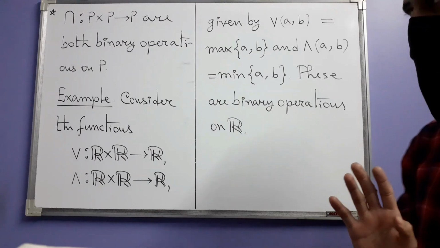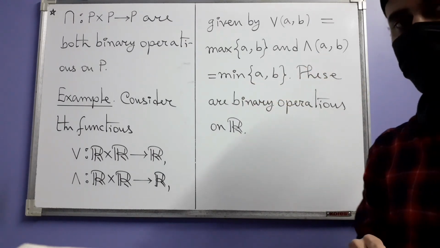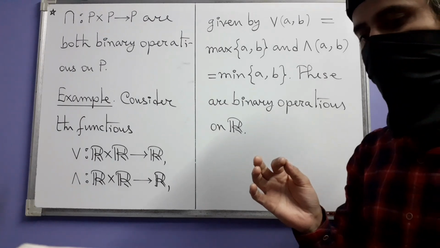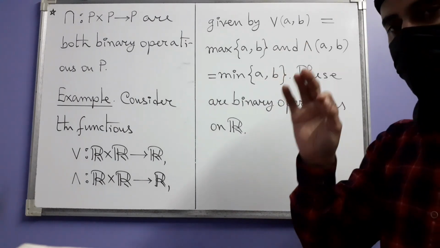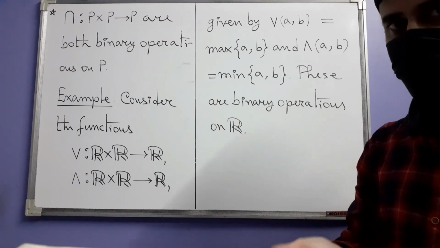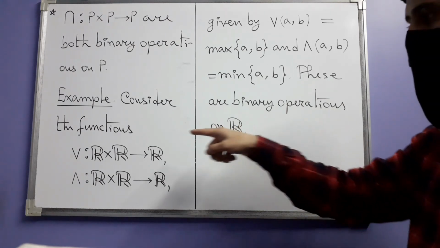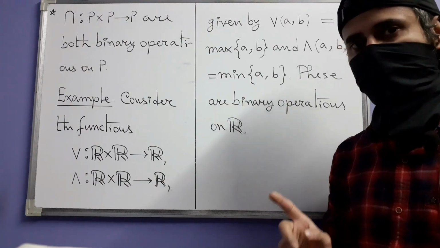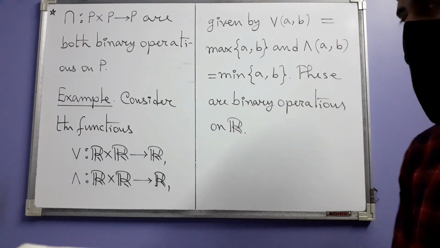Similarly, the wedge of a comma b is the minimum of a and b. So if we are given two real numbers a and b, obviously there is precisely one maximum and also precisely one minimum between them. So that's why these two functions are also well defined, and that makes them legitimate binary operations on R.